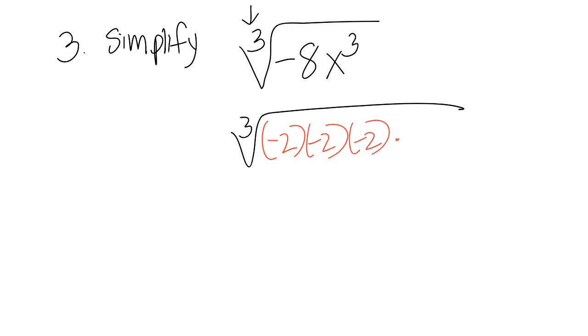And then I want to break down my x's. I have 3 of them. So now I'm looking for 3 repeated factors. So I have 3 -2's and 3 x's. So these numbers come out of your radical. So I get a -2, and then I get an x.